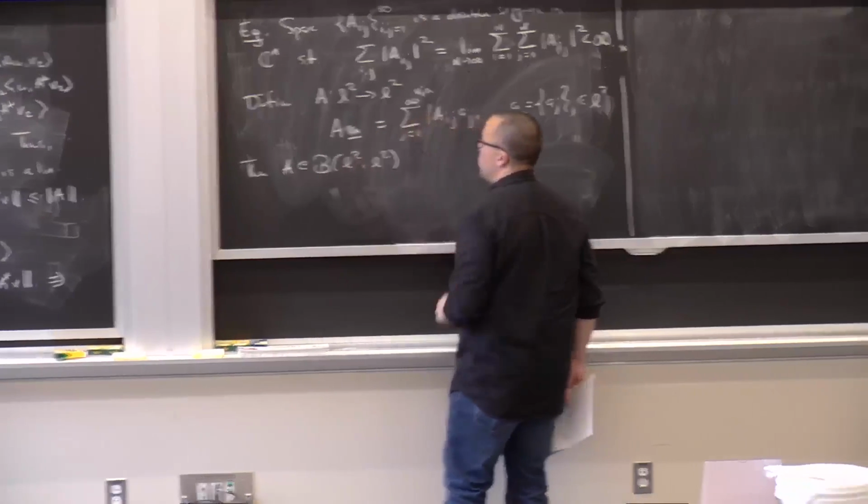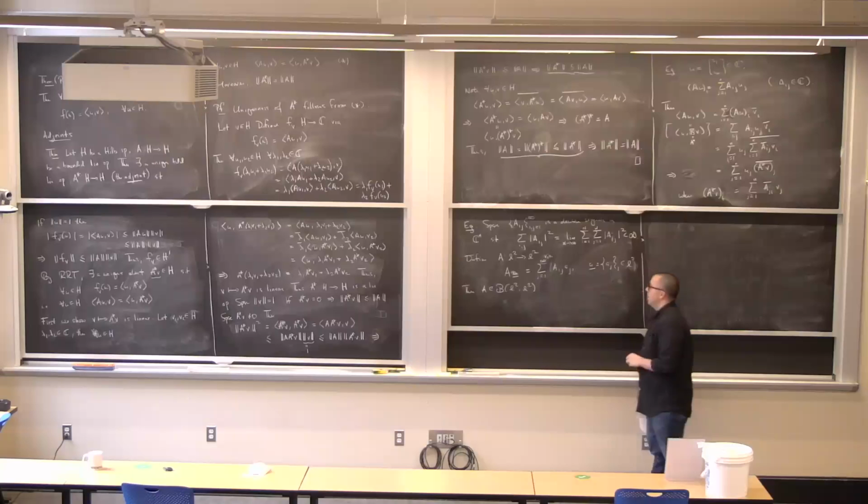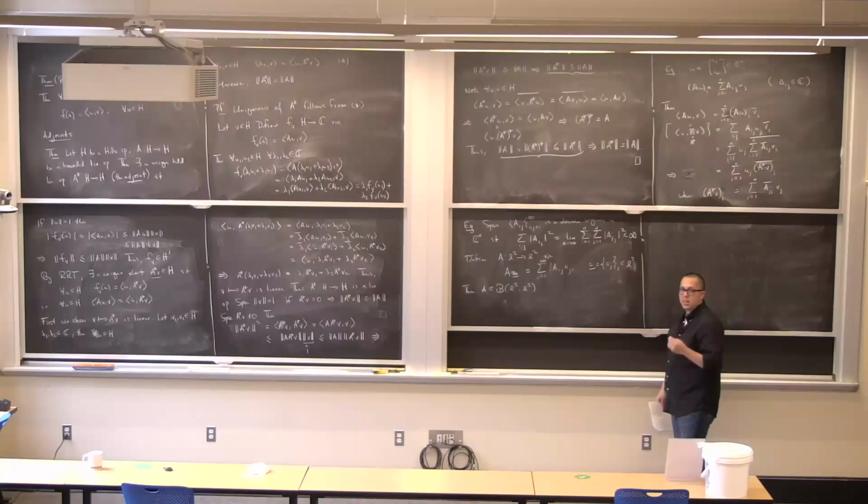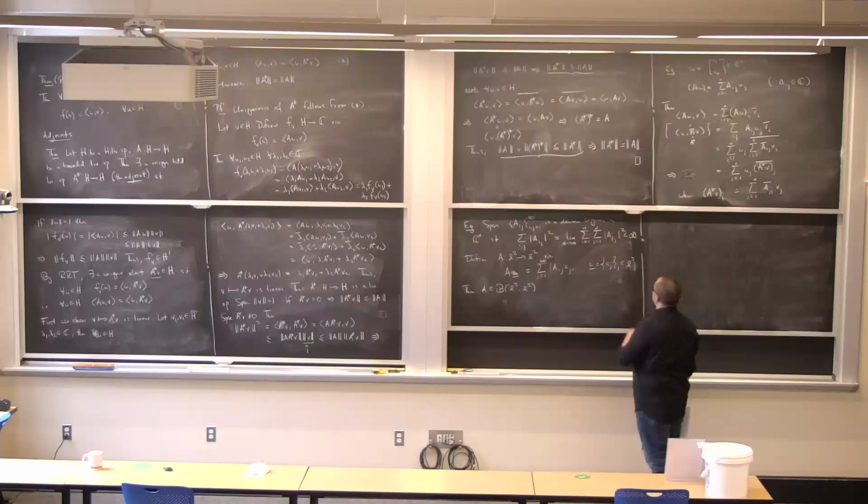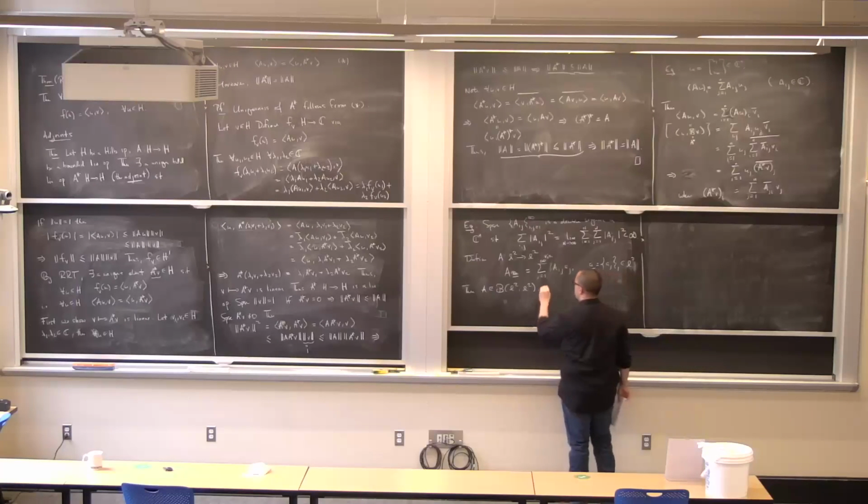And what's its adjoint? Its adjoint is going to be the same flavor as what we got for the finite dimensional case.